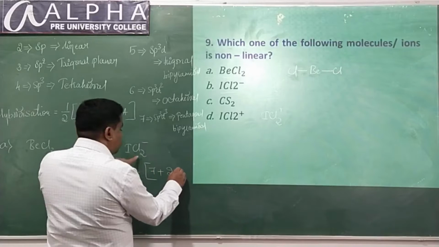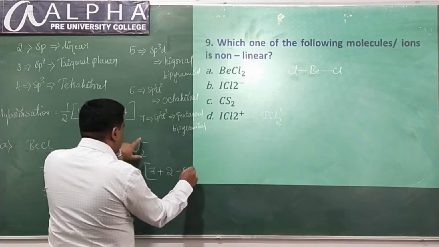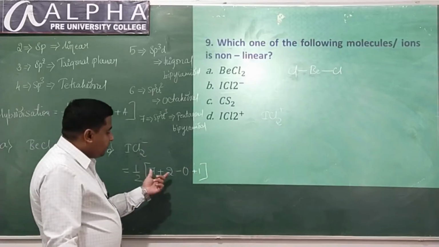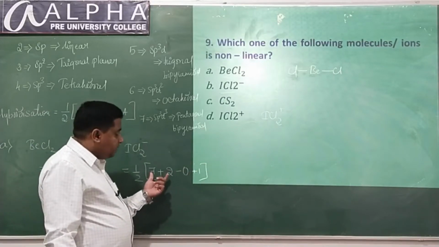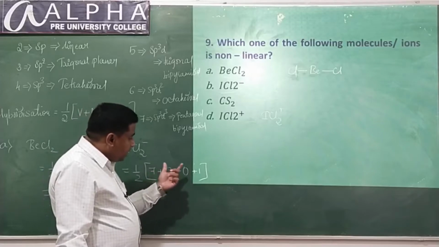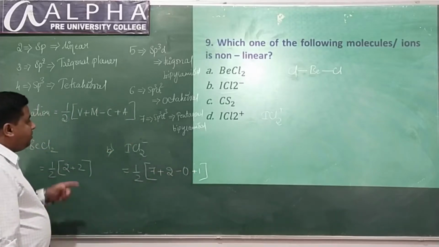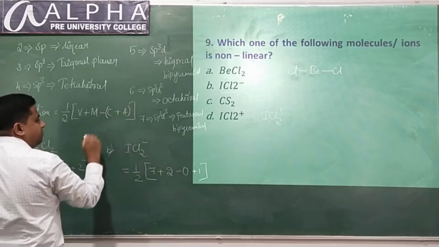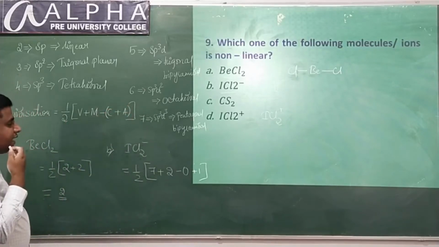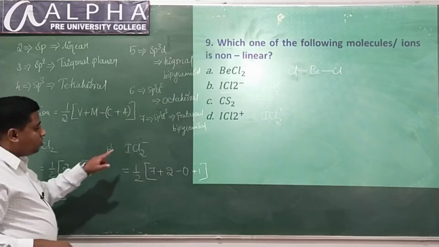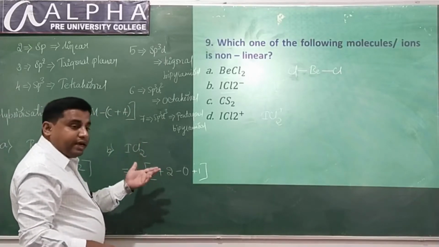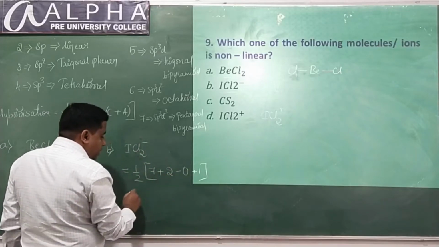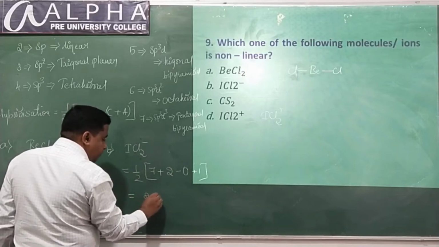The total positive charge is 0 and the total negative charge is 1. 7 plus 2 is 9, plus 1 is 10. Half of 10 is 5.